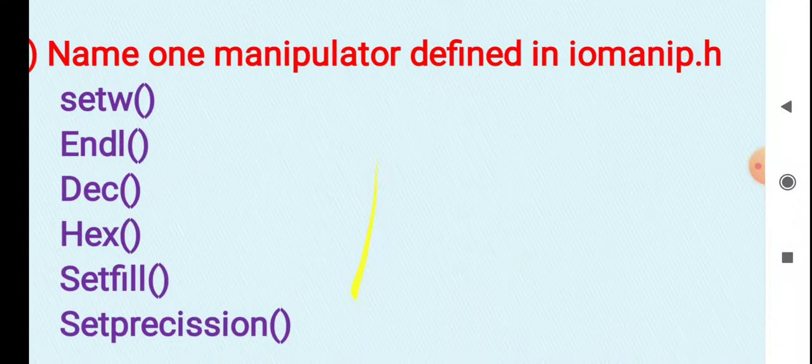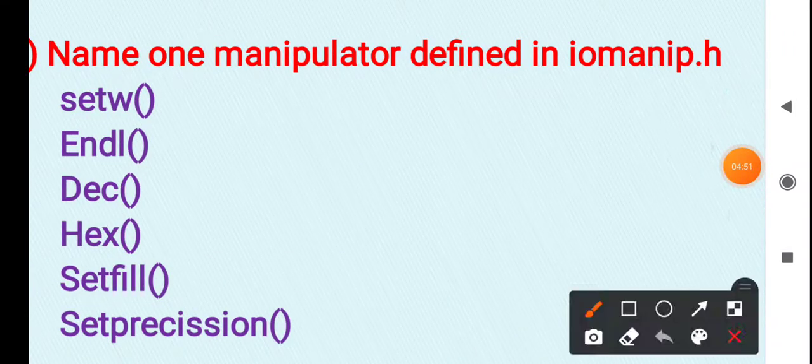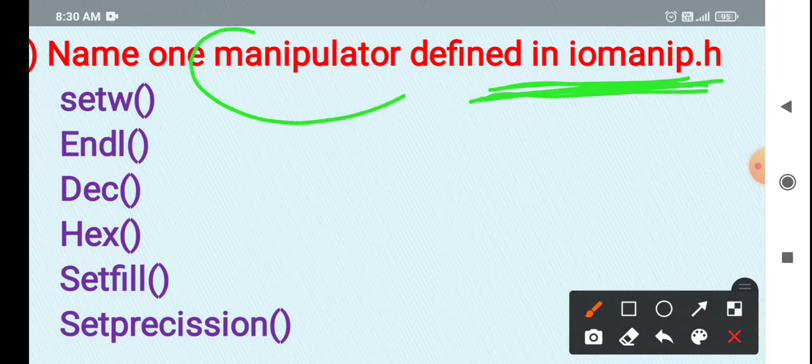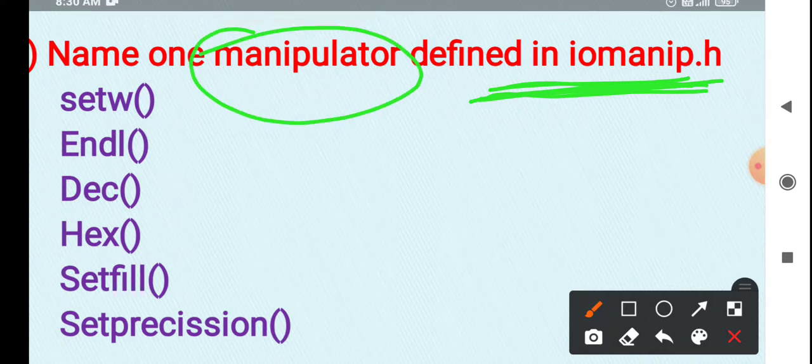Name the manipulators defined in iomanip.h. This is one of the header files present in a C++ program. A manipulator is used to change the meaning of the output.